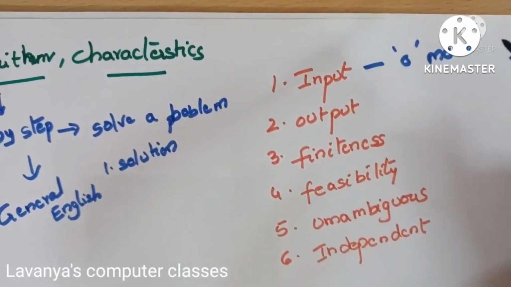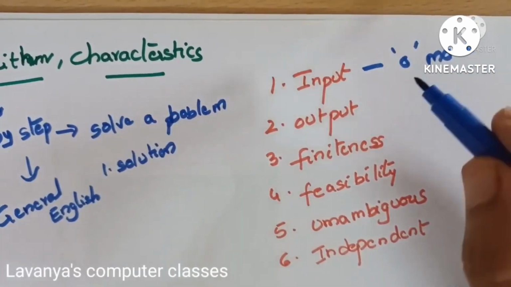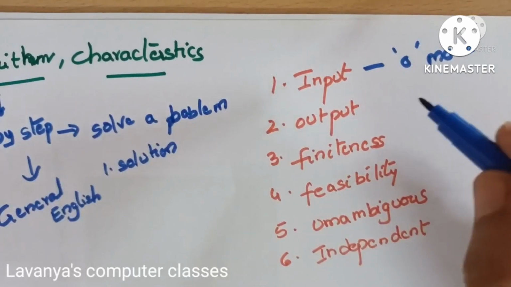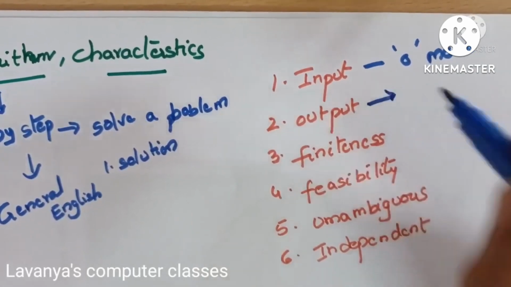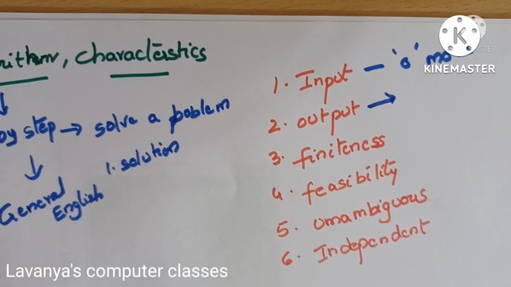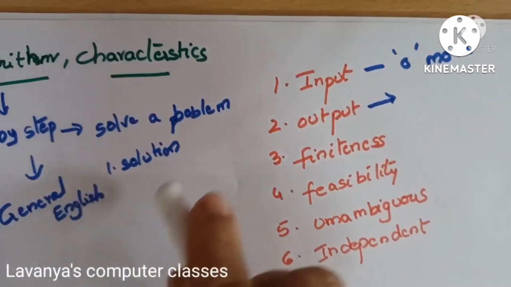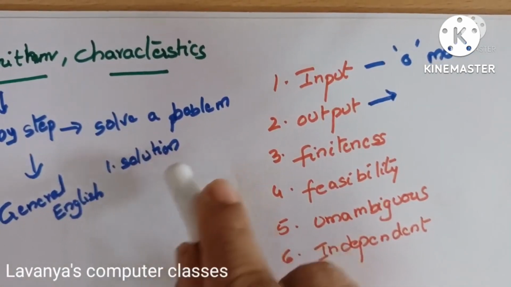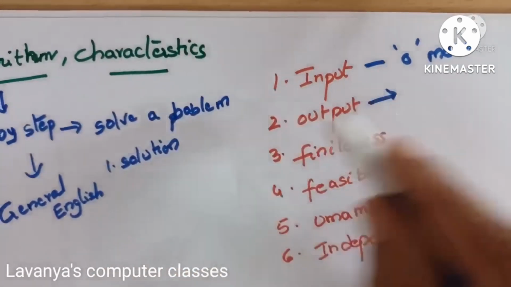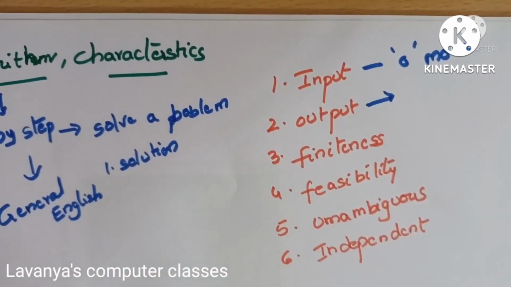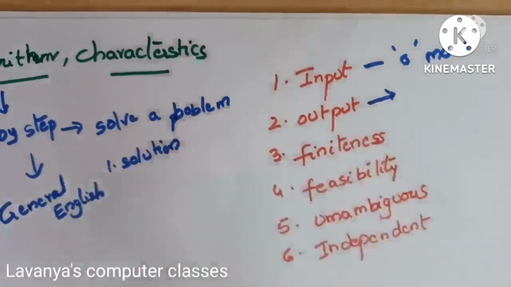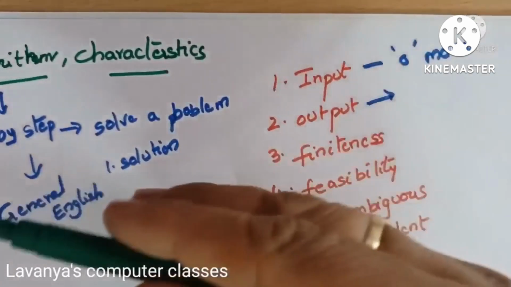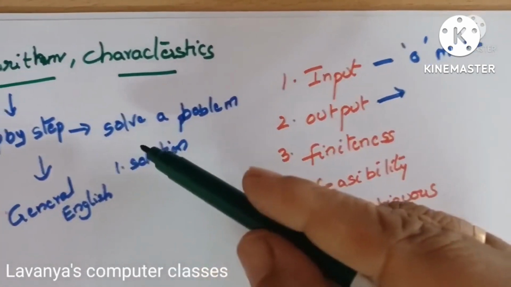Second one is output. Why are we writing the algorithm? We are writing the algorithm for finding the solution of a problem. That means we need at least one output. If you do not get the output, you are missing something. Without output, it is not a correct algorithm; you are missing some logic. So how many outputs do we require?